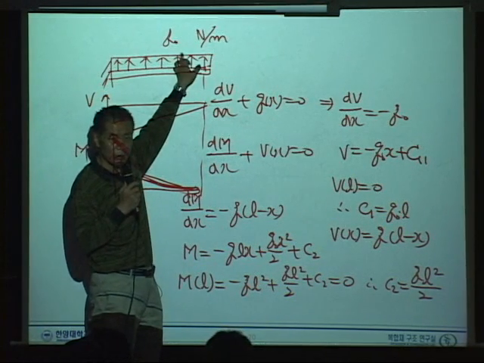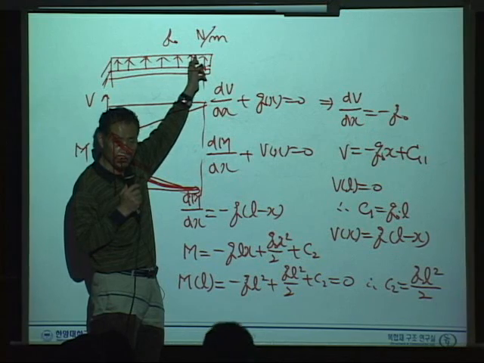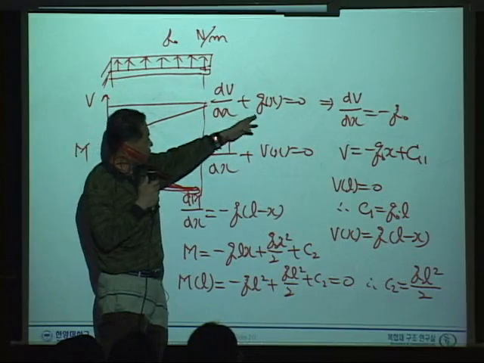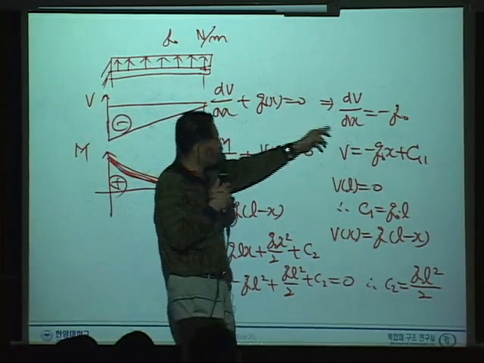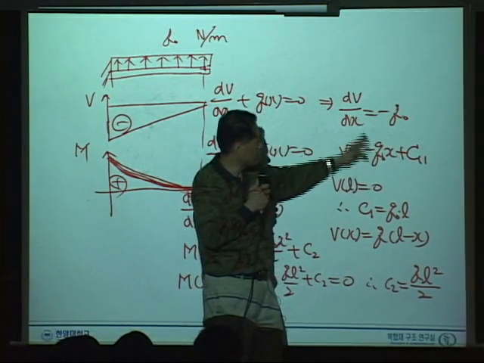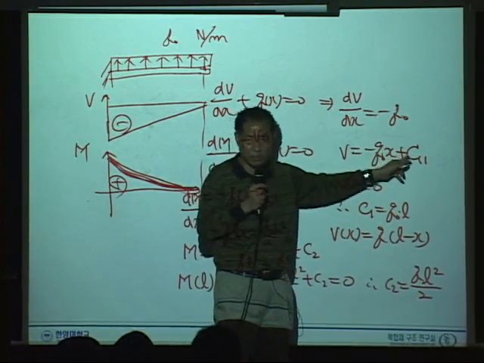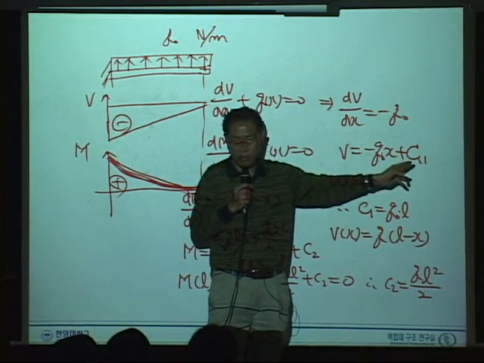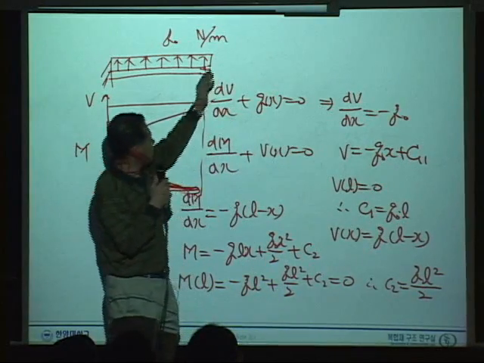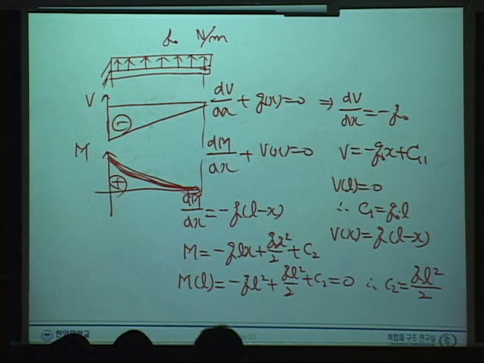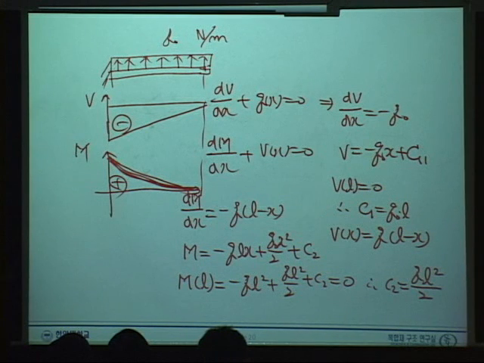Q in general is a function of x, but here it is given as a constant, right? So from this equation, dV/dx is given as minus q0. And integration gives us minus q0 x plus C1, right? And the point is how to calculate the C1. Do we know the shear force at this point?